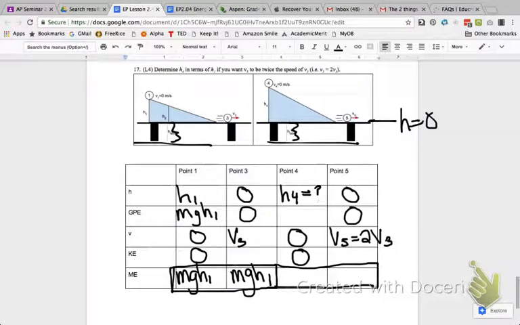And then we know that this is 1/2 mv5 squared. We know that this is 1/2 mv3 squared.